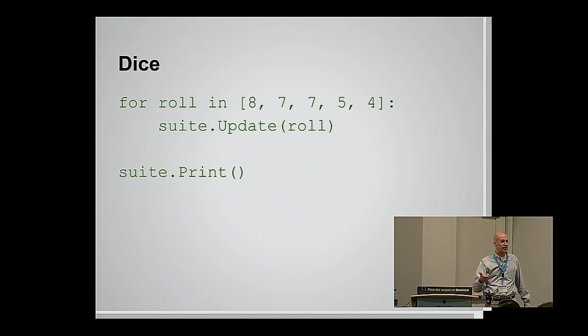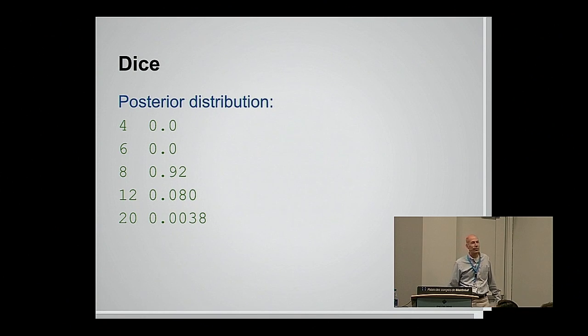The 8-sided die is certainly looking plausible. 12 doesn't seem crazy, and 20 is at least possible. But if you run the Bayesian update, what you get is this posterior. So yes, 4 and 6 have been eliminated. That's what we expected. We are now pretty confident that it is in fact the 8-sided die, and the 20-sided die has a very low posterior probability at this point.